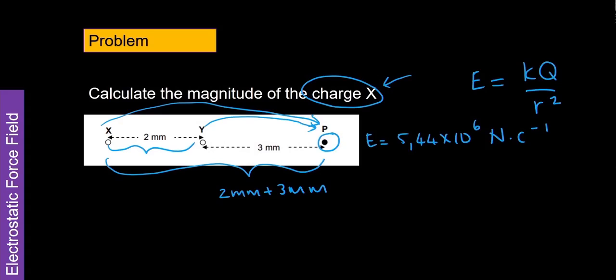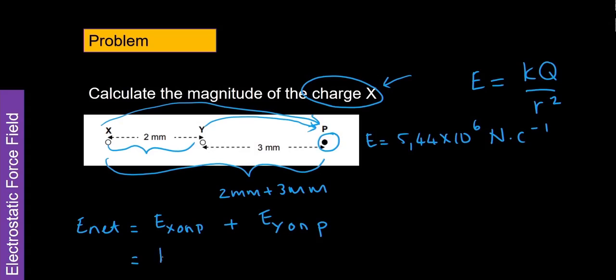So we can write here that E net is equal to the electric field strength of X on P plus the electric field strength of Y on P. And they both will influence that position at P. So let's write that in.